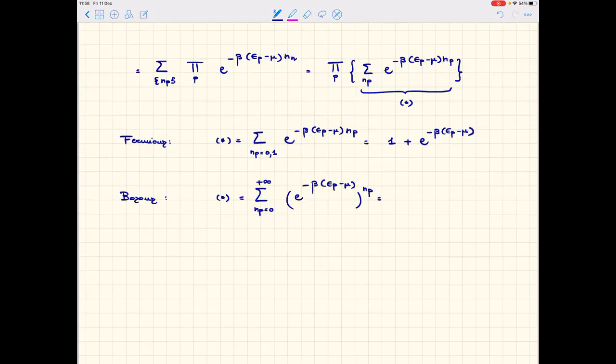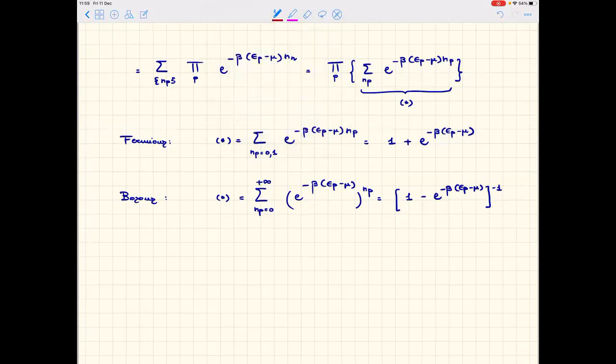And this is equal to 1 minus e to the minus beta (epsilon_p minus mu), to the power minus 1, because it's a geometric series. Okay?